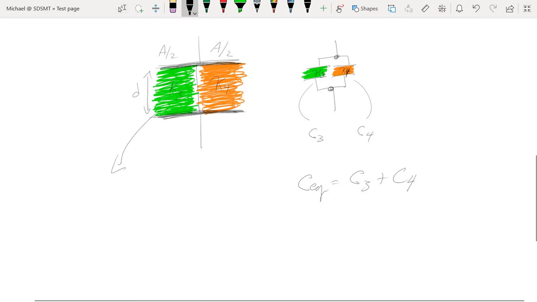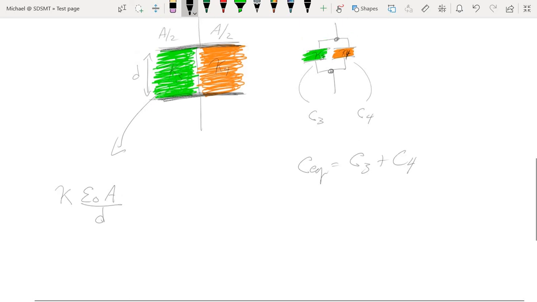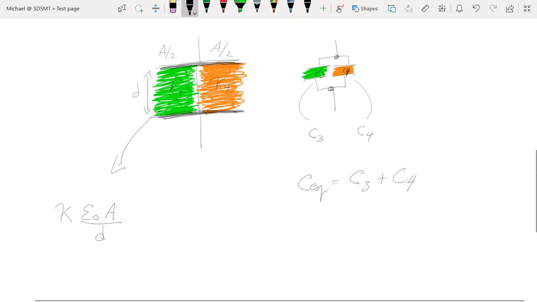Okay, here we go. The parallel plate capacitor would have just a regular epsilon naught A over D times the appropriate kappa value. So in this case, it would be kappa 3.